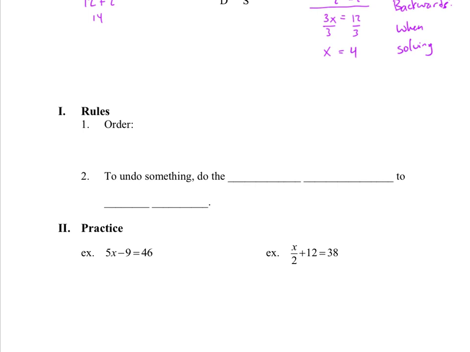The order normally is, please excuse my dear Aunt Sally, and we go backwards when solving for a variable. So when you're solving for that letter in there, you're going to work backwards.